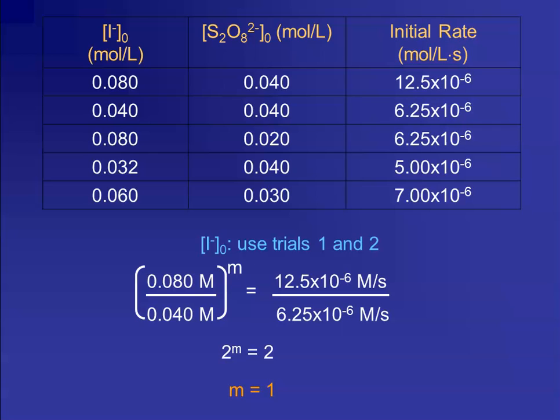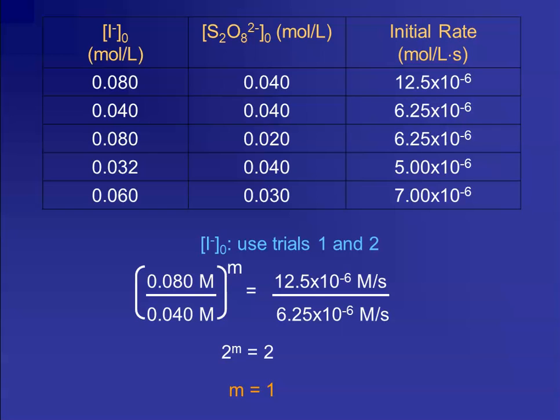For S2O8 2 minus, you can look to see if there is a pair of reactions where S2O8 2 minus is changing and I minus is not. If there was not a pair where that was happening, because we now know the order with respect to I minus, we can just substitute that in. We only still would have one variable that we would need to solve for.